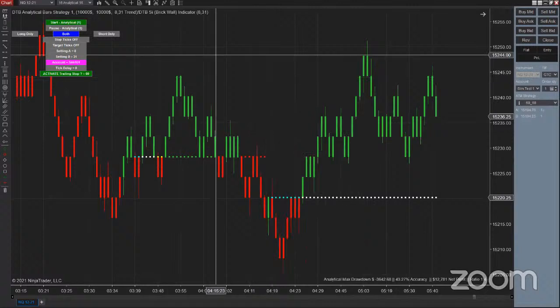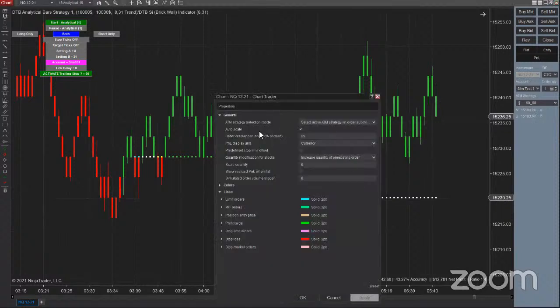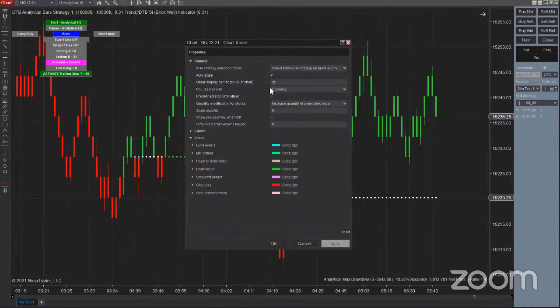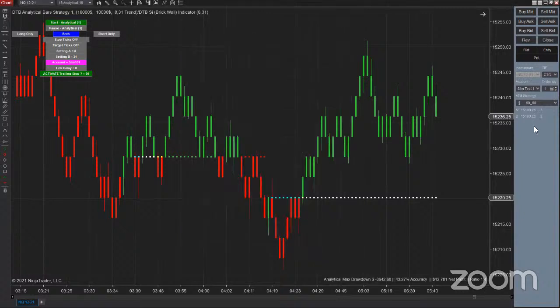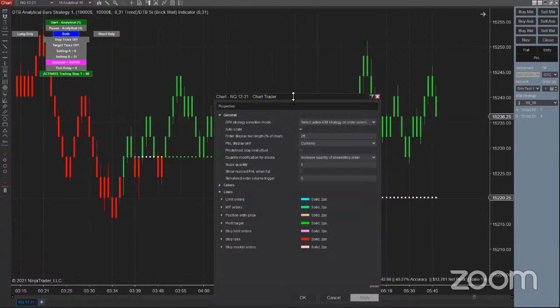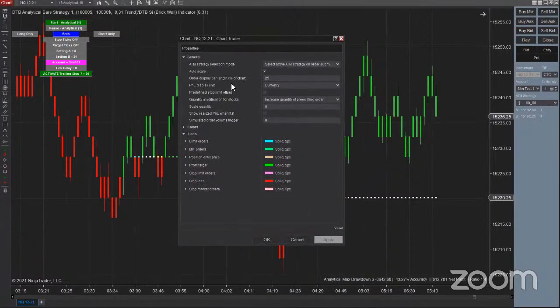To see the dates clearly, you can just go to your properties over here. So right click on the chart, go properties, and show the time. Where is the times thing? Properties. Show date range. I'm looking for show date range. Am I missing something here?